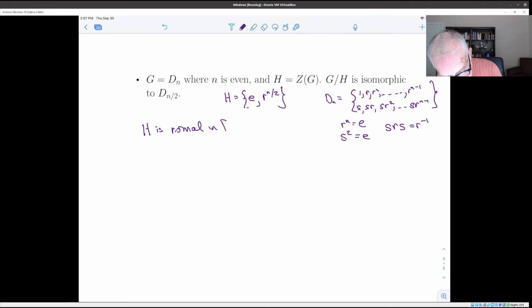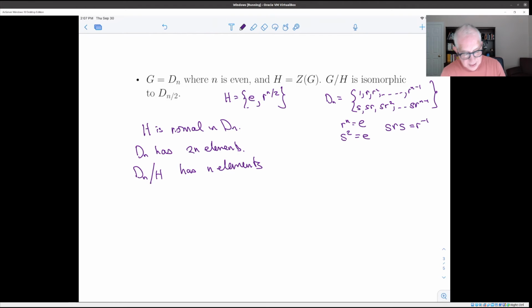in Dn. And the cosets, so Dn has 2n elements. So the quotient group Dn mod H has n elements. And what are the cosets? Well, the cosets are, again, you have H, rH, r squared H, and so forth.